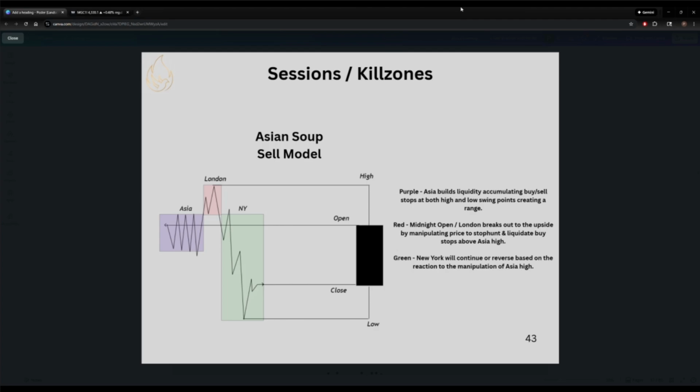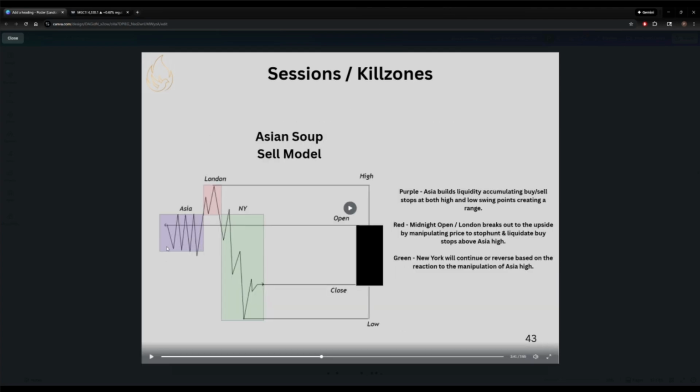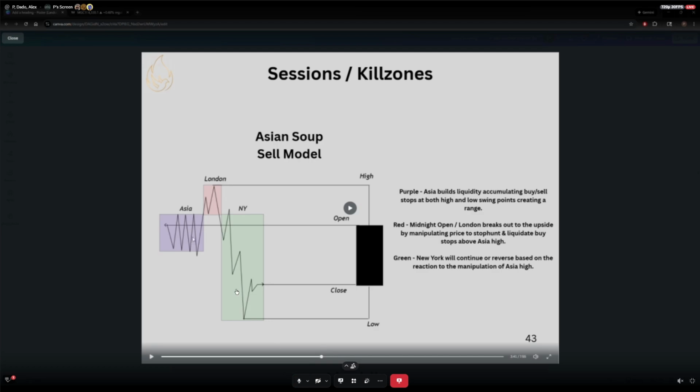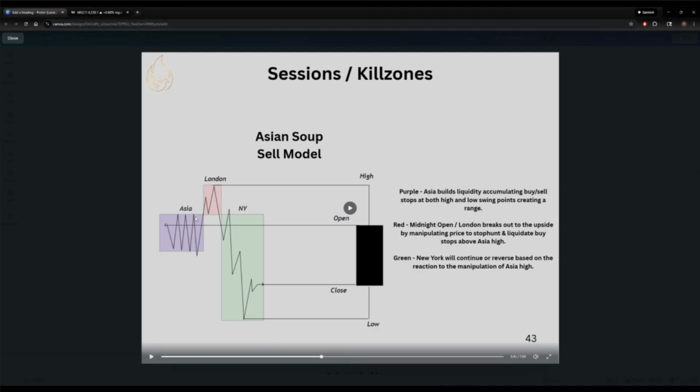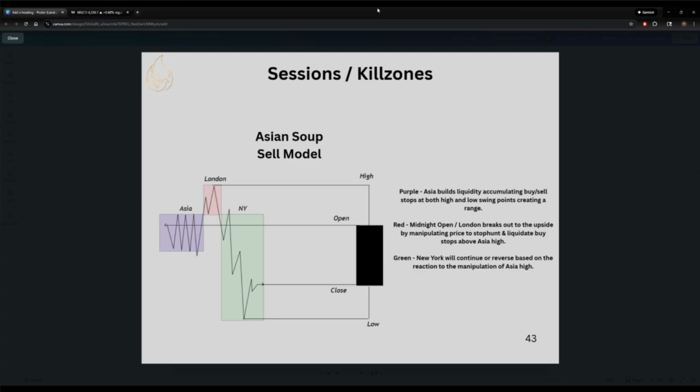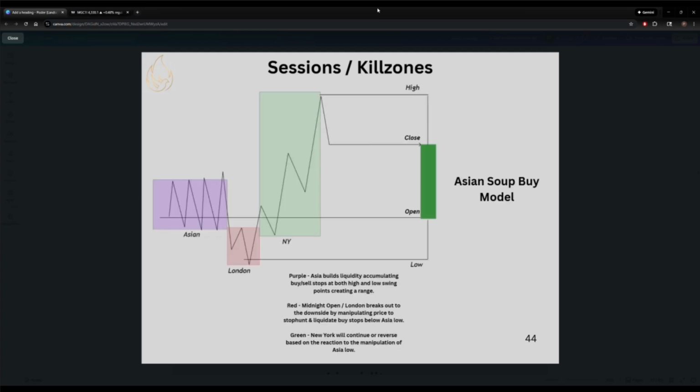So that's pretty much the gist of the Asia model. And I have different daily profiles where you can tell the difference in how each and every day could play out.